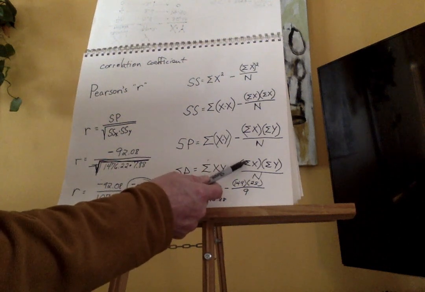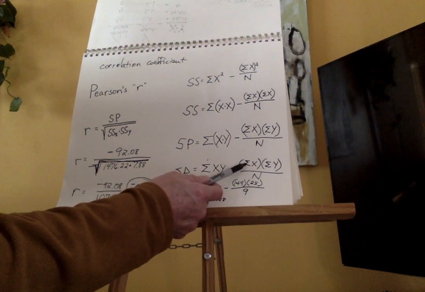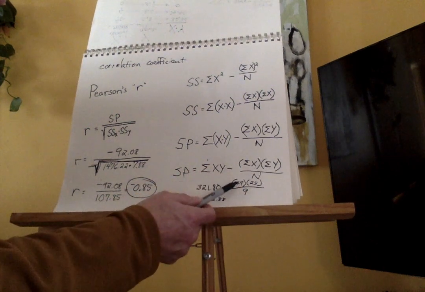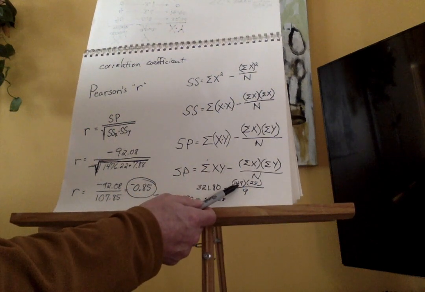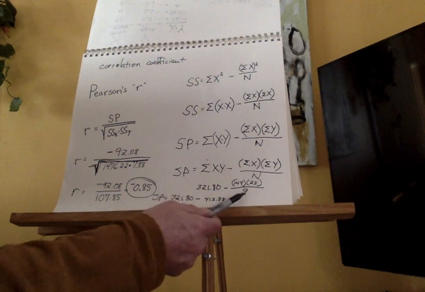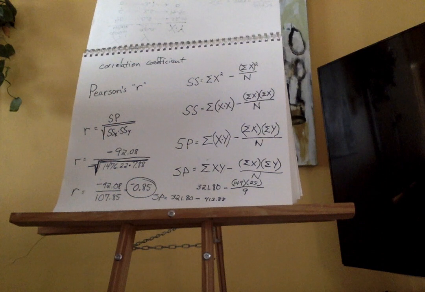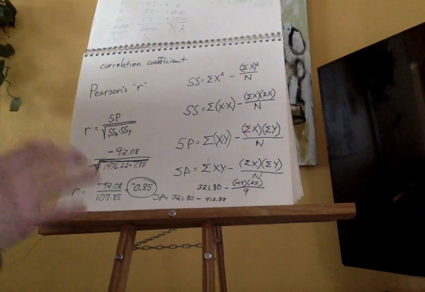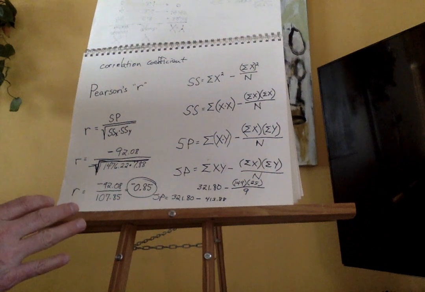And then this is the sum of all the x values here, multiplied by the sum of all the y values. Sum of all the x values was 149 in this case. Sum of all the y's was 25. Divide by n. N is the number of pairs or the number of points in your graph.